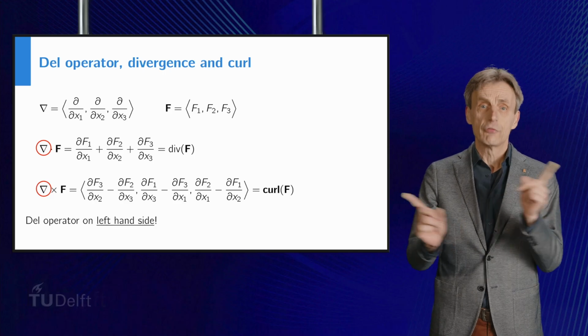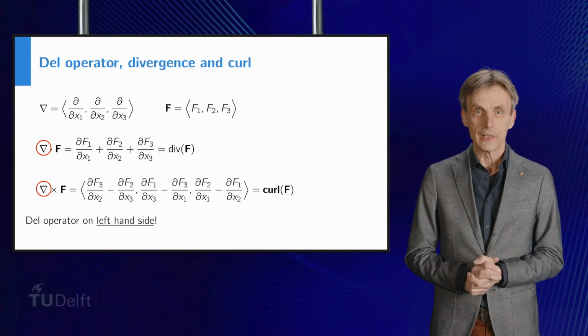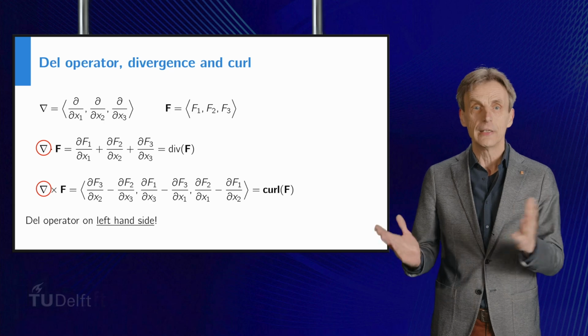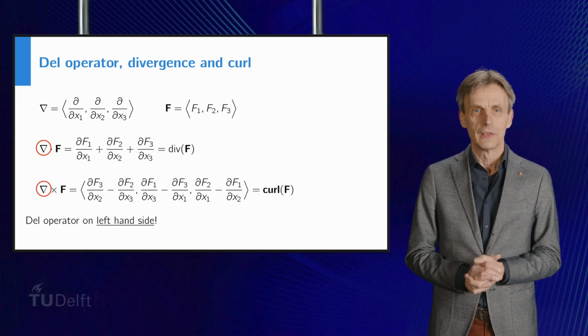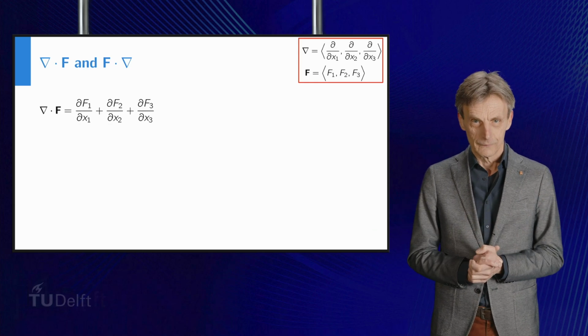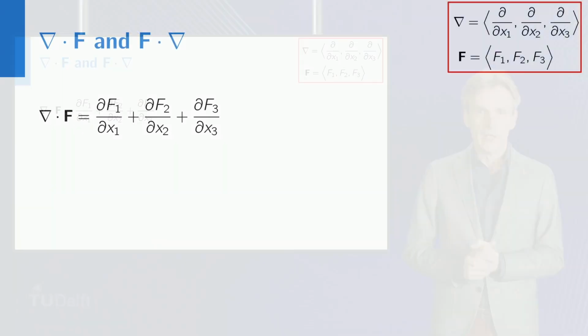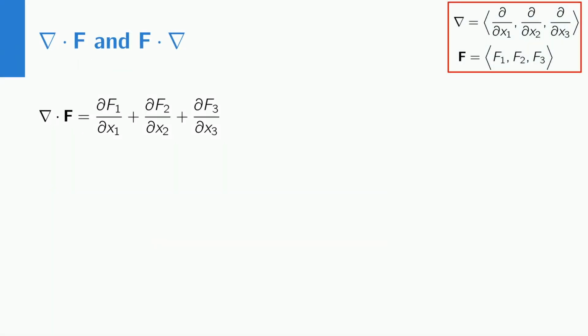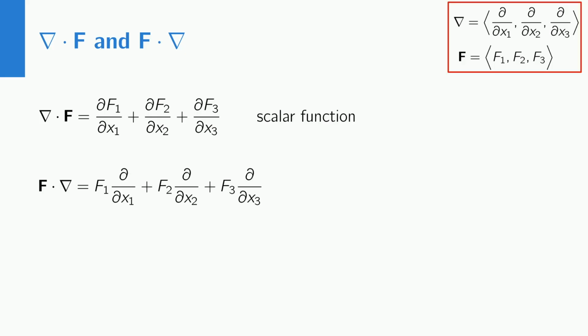What happens if we reverse the order of the del operator and the vector field f in these two formulas? Let's find out. The dot product of del and f in that order is equal to the divergence of f, which is a scalar function. On the other hand, the dot product of f and del in that order is the expression shown here, which is not a function but a differential operator.